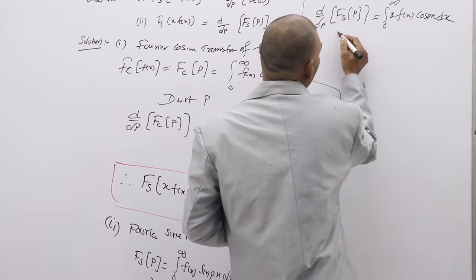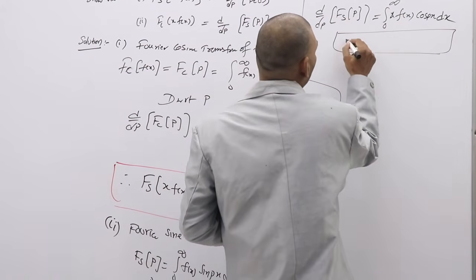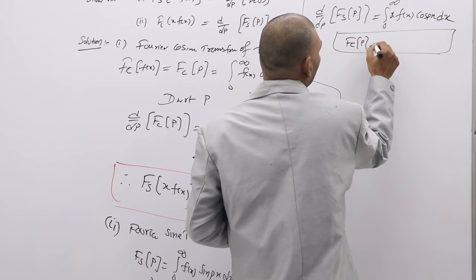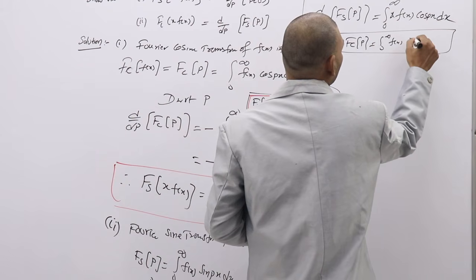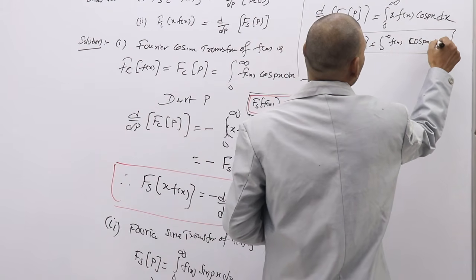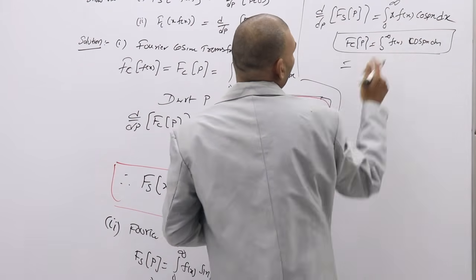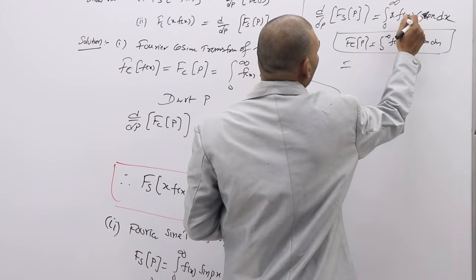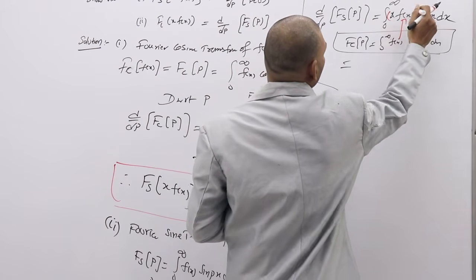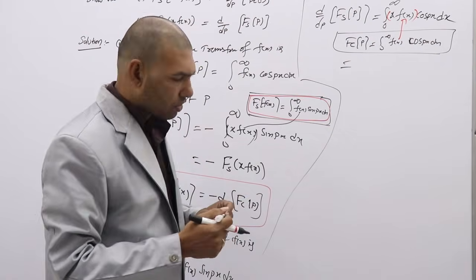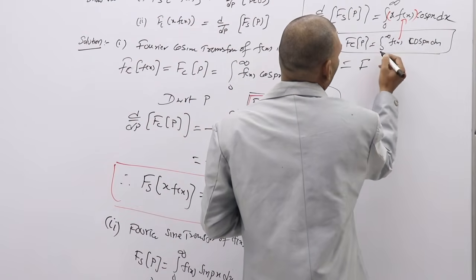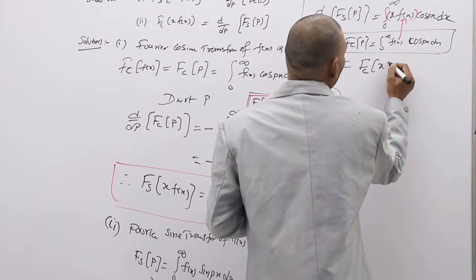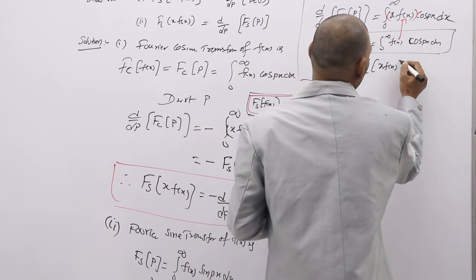So we all know that this is the formula for fc of p: integral 0 to infinity f of x into cos px dx. So here if you compare, in the place of f of x you have x f of x, which can be written like this, fc of x f of x.